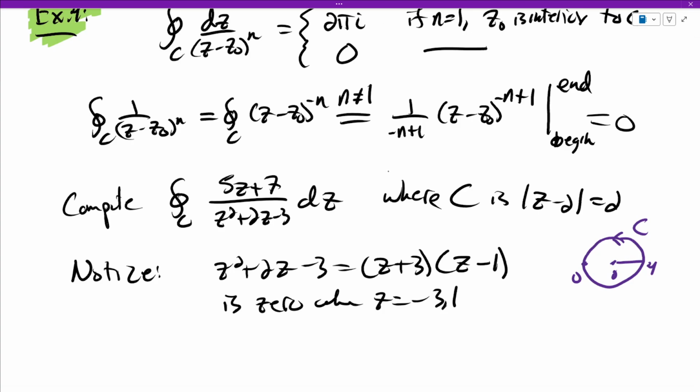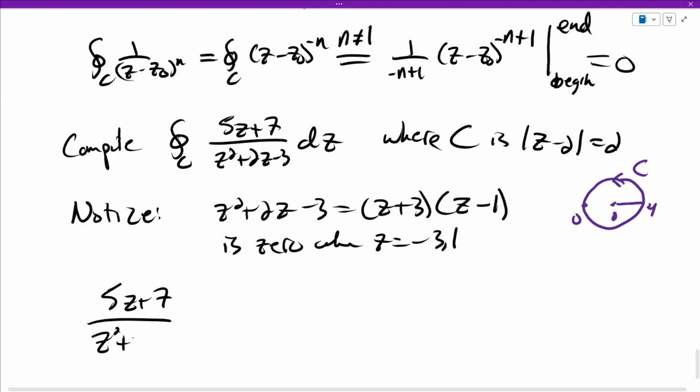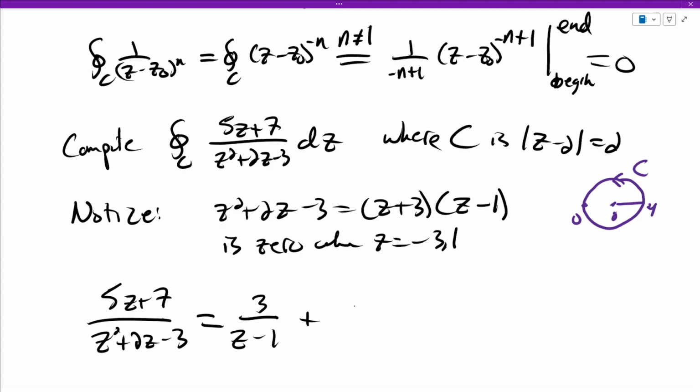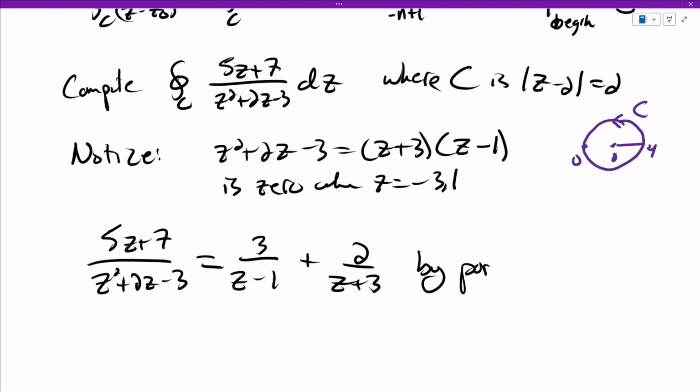All right, so if you remember partial fractions, which if you don't, you can look it up in any calculus book, I'm not going to do all the details here, but you can rewrite this as 3 over z minus 1 plus 2 over z plus 3 by partial fractions.